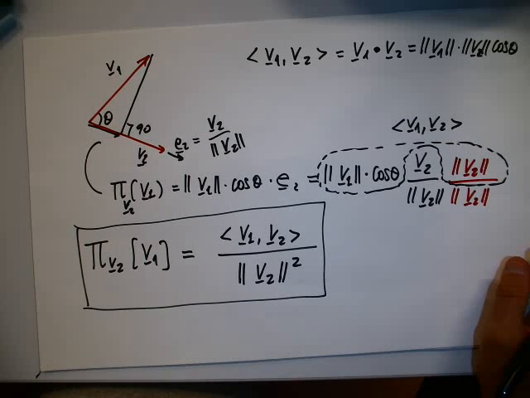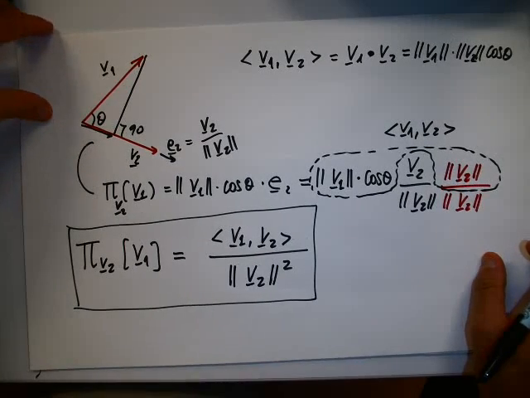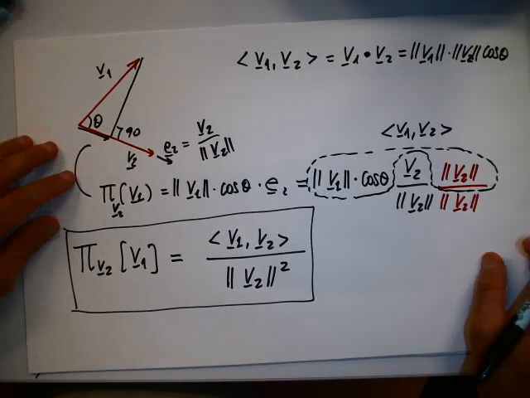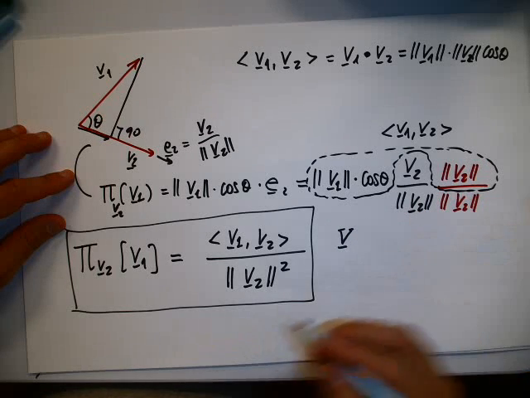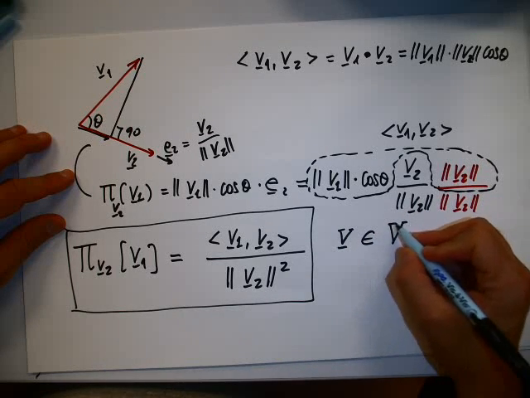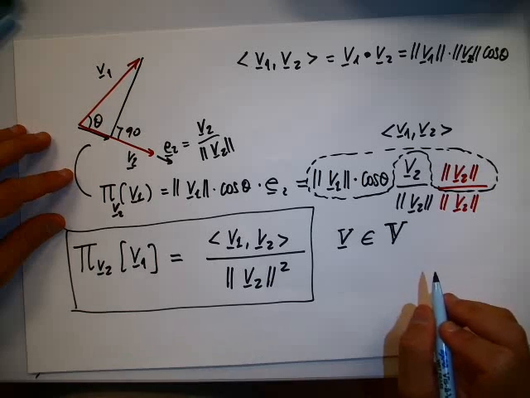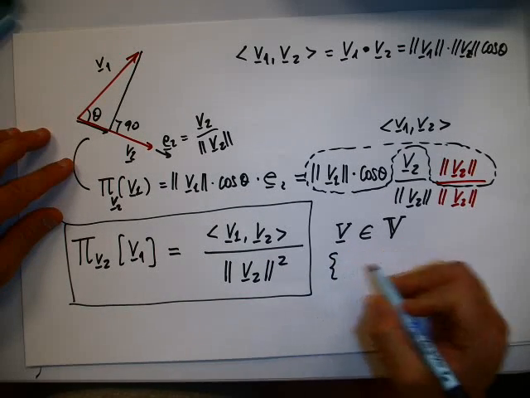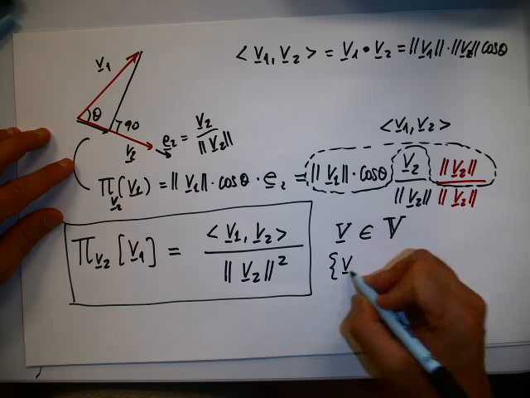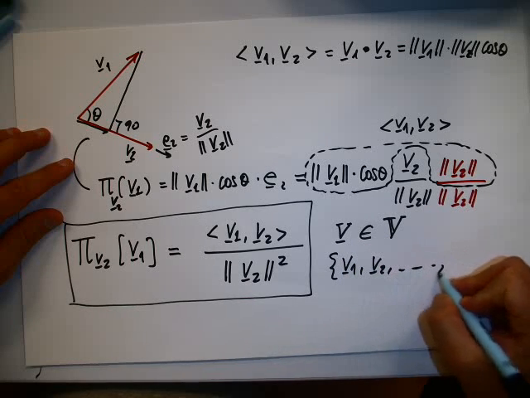Okay? And we can use this formula, for example, if I have a generic vector V that belongs to our vector space, and let's assume that we have a set of vectors V1, V2, Vn.